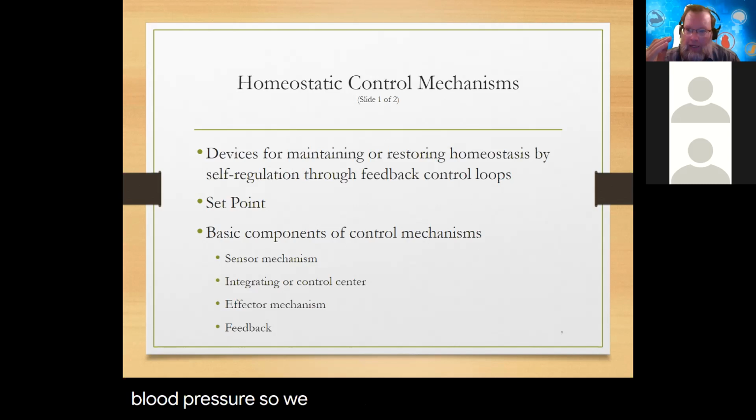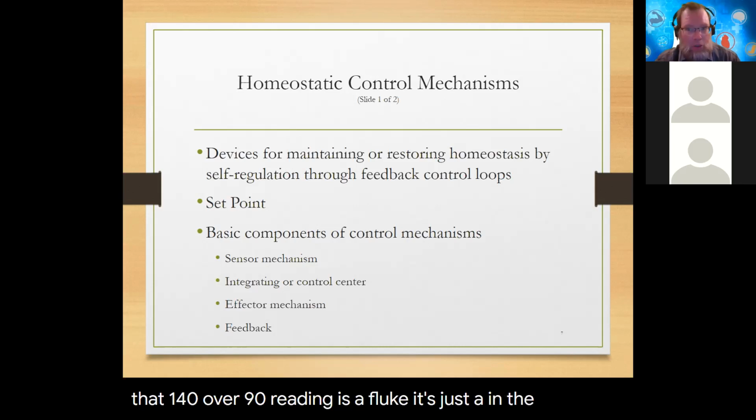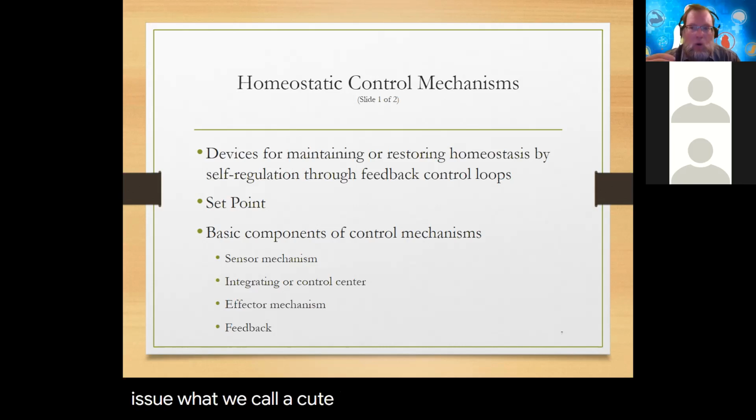So we want to find out if Mr. Smith, who came into the clinic with a 140 over 90 blood pressure reading, we want to find out if that reading is a fluke, just an in-the-moment issue, what we call acute, or does Mr. Smith have a new set point?